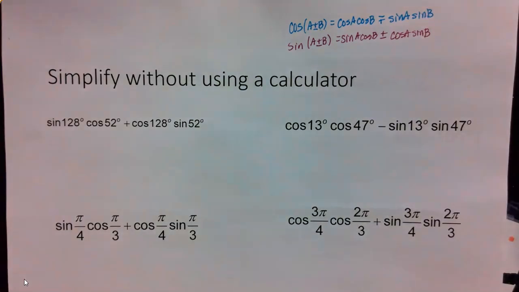Okay, and then we could also have our double angle identities, even though it doesn't look like any of these are on here.